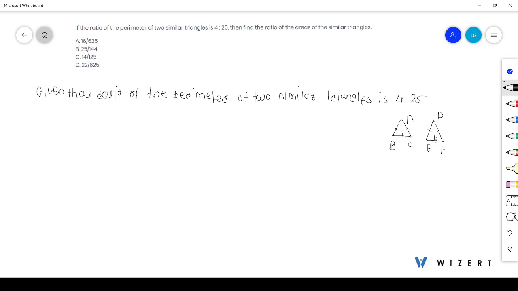Now, to find the areas of the similar triangles, we first need to use the perimeters, by the proportional perimeter theorem.